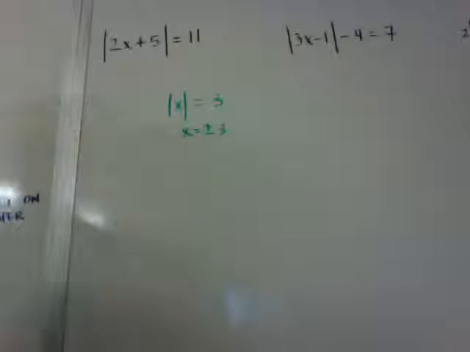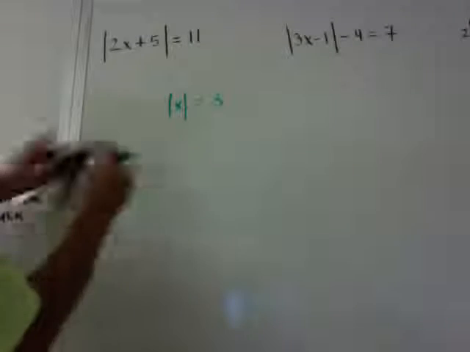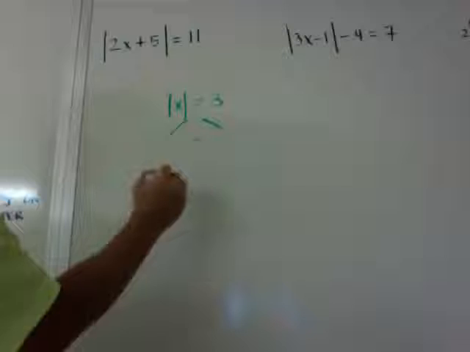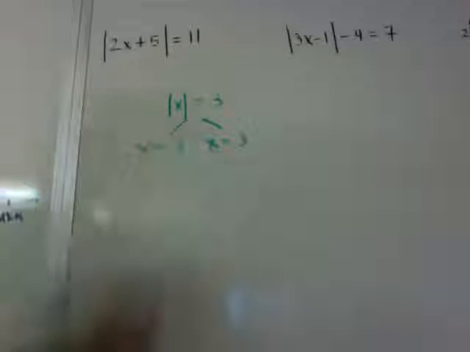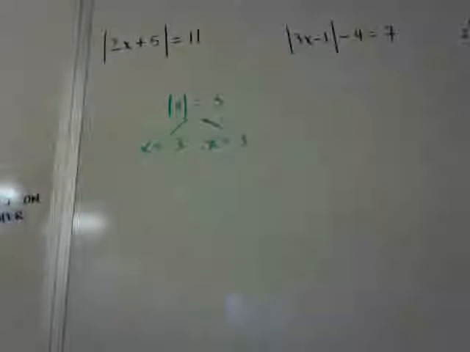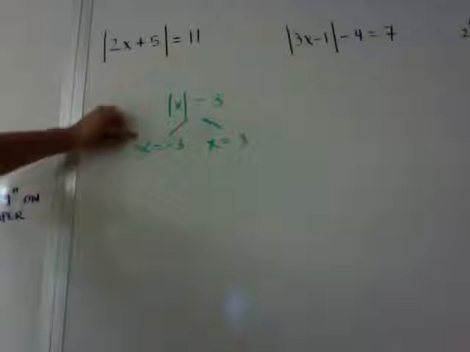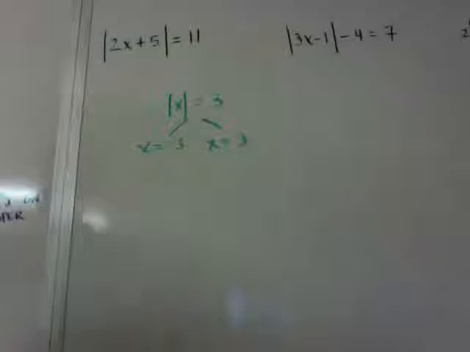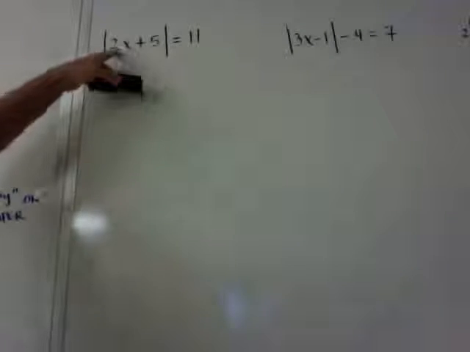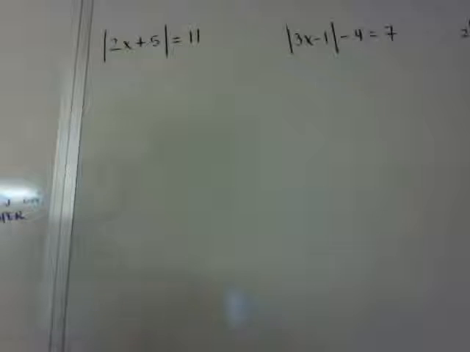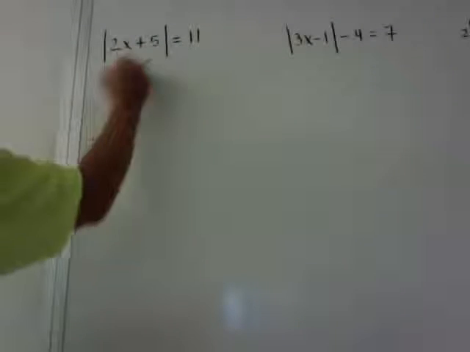Or the other way that I did it was I could split it to x is equal to 3 or x is equal to negative 3. You could rewrite it twice. Okay, so whatever was in the absolute value could be negative or positive. In this case, when I have a binomial inside, binomial means two terms inside of the absolute value, you just split it.